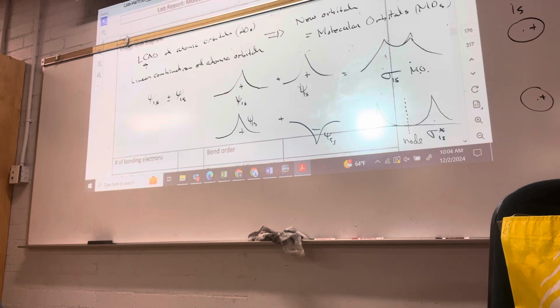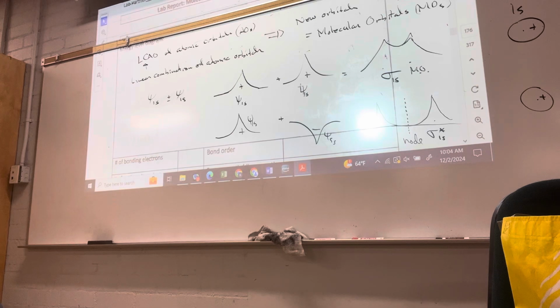Therefore, the way we describe a bond is a little bit different. Over here, we describe a bond as having this overlap region with increased electron cloud density, which means an attraction to the overlapped region. Well, the same thing happens here, except now we have these anti-bonding orbitals, so we have to define things a little bit differently.